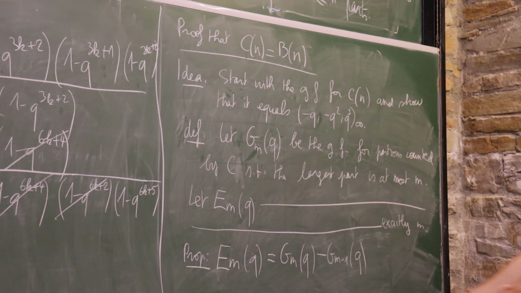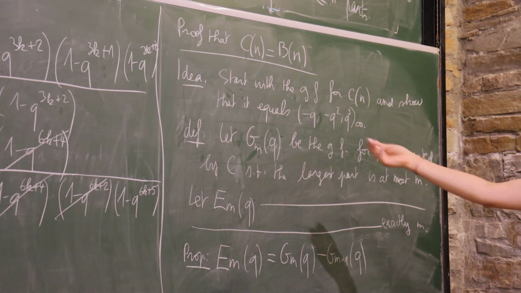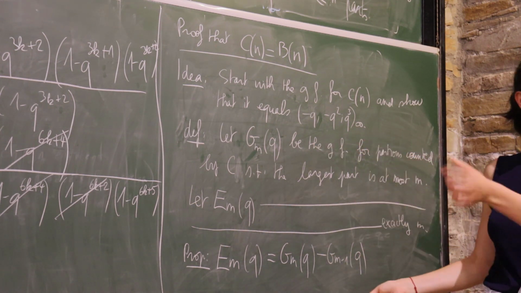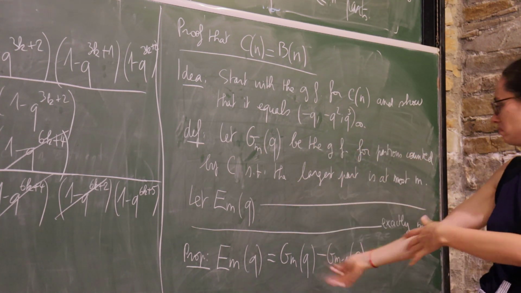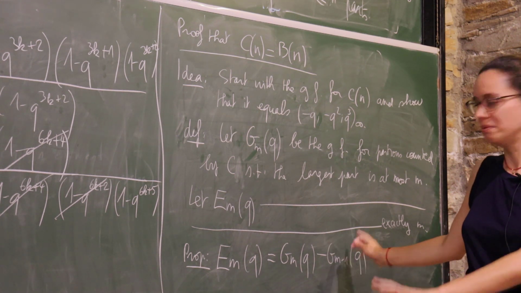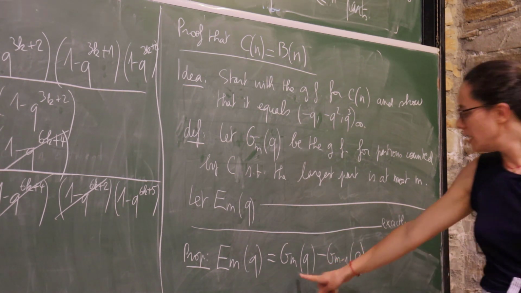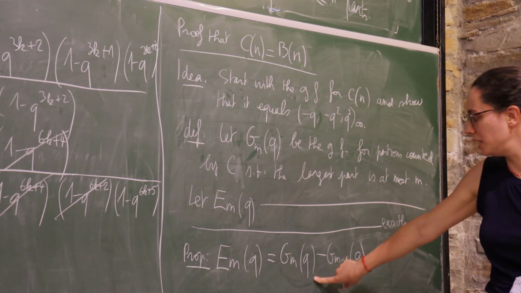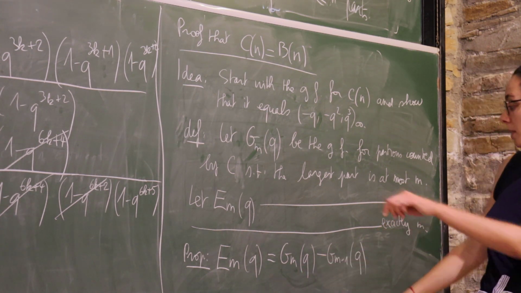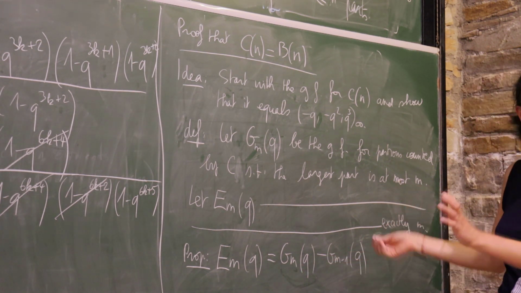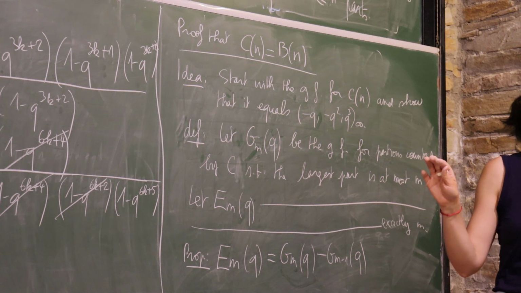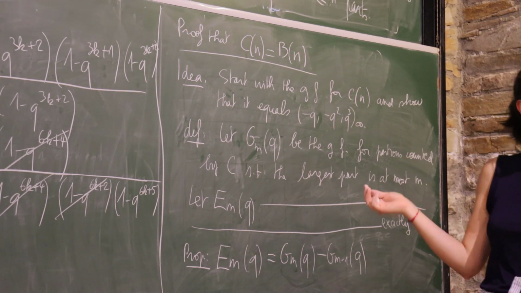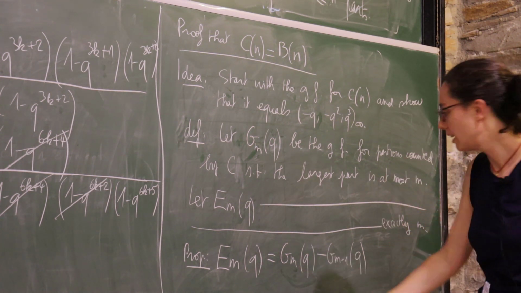That would be true for any type of partition where you add a restriction on the largest part. Because here you take the set of partitions where the largest part is at most m, and here you remove all those where the largest part is at most m minus 1, so there only remains the m.